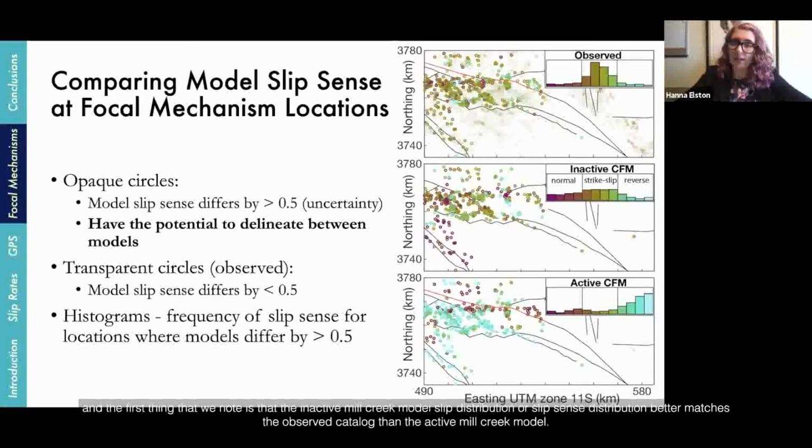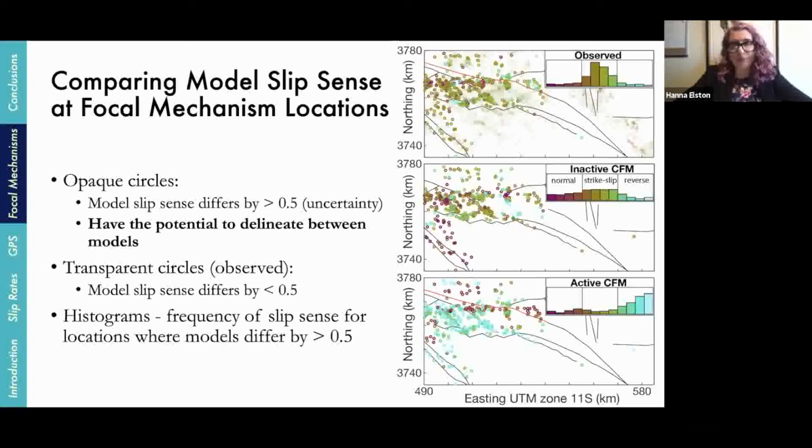That's what's plotted in the inset at the top right of each map. The first thing we note is that the inactive Mill Creek model slip sense distribution better matches the observed catalog than the active Mill Creek model. The active Mill Creek model just produces way more reverse slip sense events than the inactive model or the observed catalog.